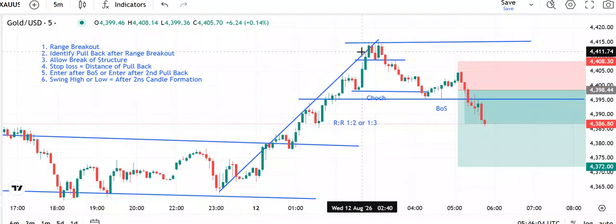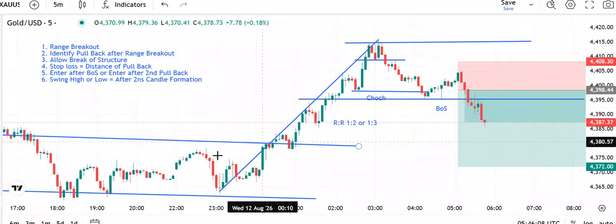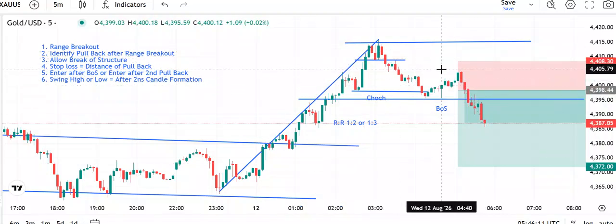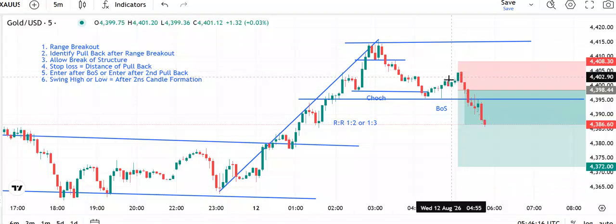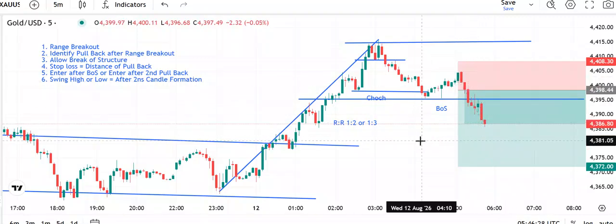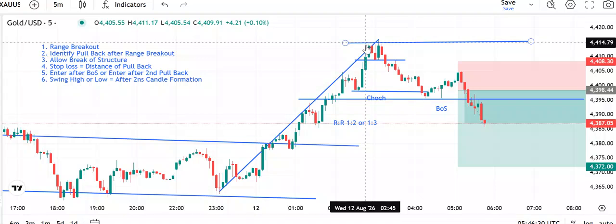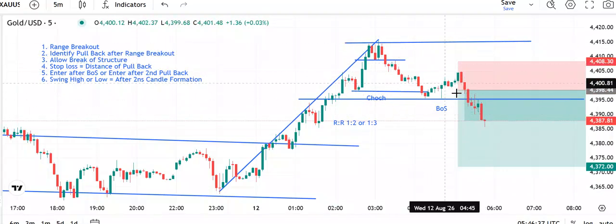Identify the range breakout. Of course, after a bullish run or a bearish run, there will be range. Then identify the range breakout. Note the first pullback. That should be your stop loss. Then use the stop loss to mark at the point of entry, trade entry. Use the stop loss to mark ratio 1:2 or ratio 1:3 to determine your TP. Now, if the bullish leg is short, of course, you might stick to ratio 1:2.